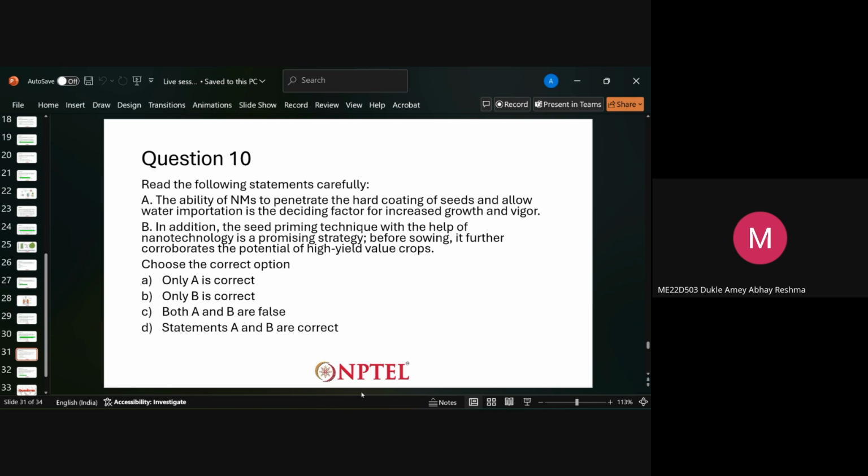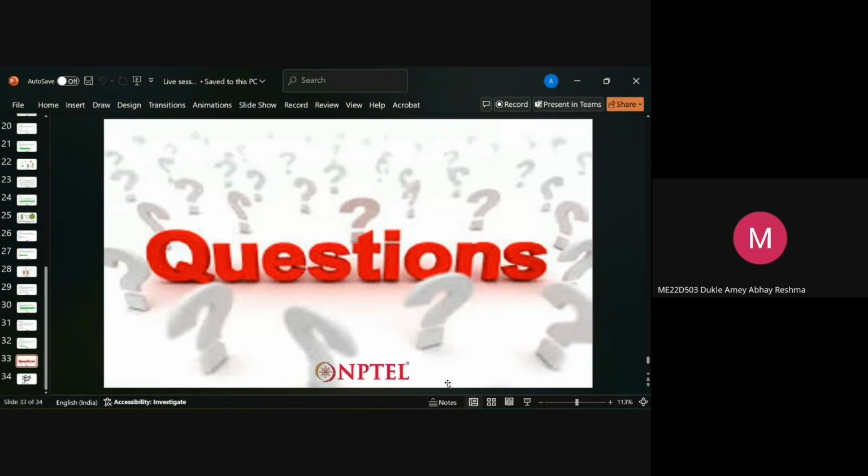So basically, what it says is that due to this technology, you are getting higher yield value. The number of seeds which germinate successfully is very important. So that is why with nanotechnology you can increase the germination ratio that leads to higher yield. So that is the right statement. So the answer is statements A and B are both correct.